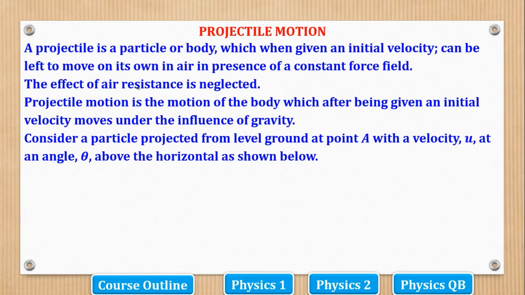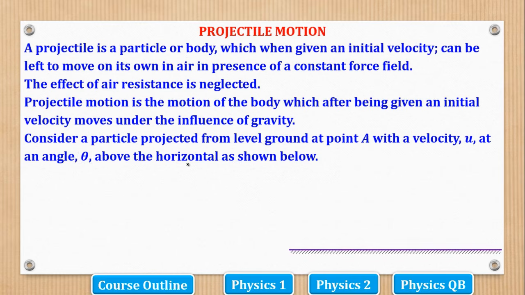You need to derive some of the formulas and also understand some of the terms which will be used in this topic. So we shall consider a particle projected from level ground at point A with a velocity u at an angle. Remember, here we're interested in projection at an angle above the horizontal, as shown below. So we shall need to make a sketch.